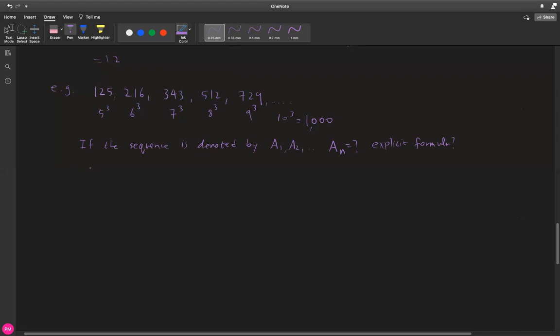Let's go step by step. We know that a sub 1 is 125, which we now know is 5 to the power of 3. A sub 2 is 216, which is 6 to the power of 3. And a sub 3 is 7 to the power of 3, and so on and so forth. In this case, you can see that the power of 3 stays the same, and only the numbers in the base change.